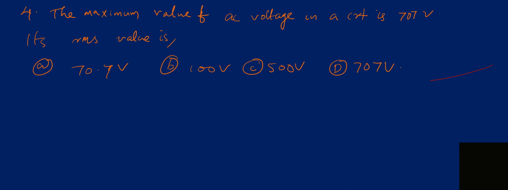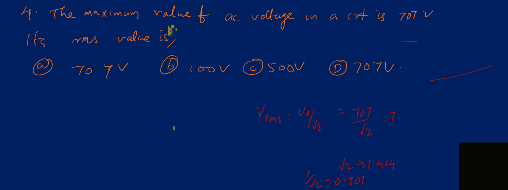The maximum value of AC voltage in a circuit is 707 volt. Its RMS value is, we know that VRMS equal to V0 divided by root 2. So V0 is given 707 divided by root 2. We know that root 2 is 1.414 or 1 by root 2 is 0.707.